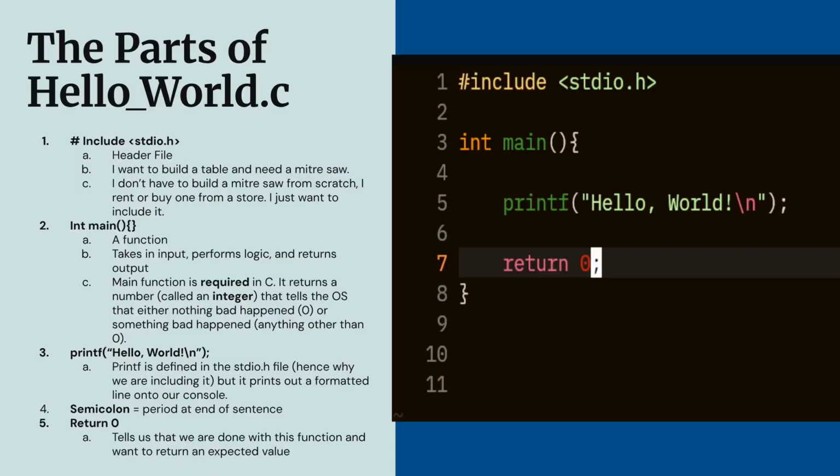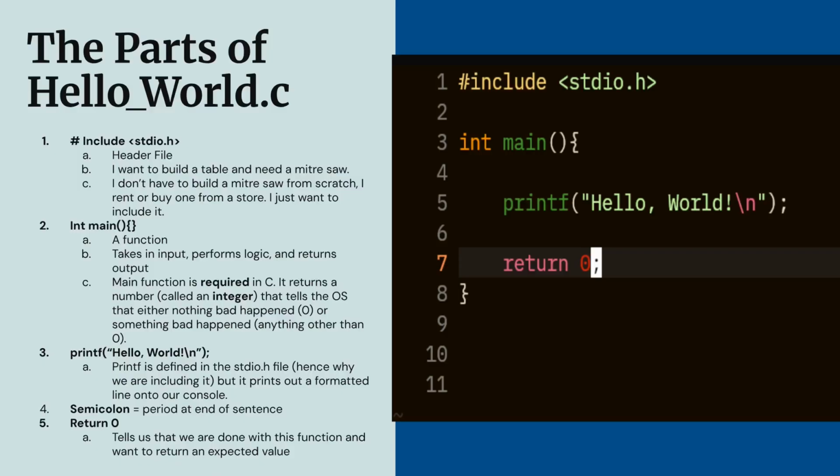And so the very first line, on line 1, you see #include, or octothorpe include. And that's called a header file, that .h file. Your header file can be thought of like this: let's say I want to build a table from scratch. I don't need to build the miter saw used to build the table. I just need to make sure that I include a miter saw in my build process.